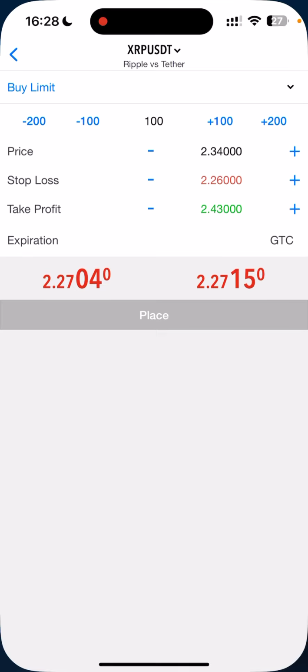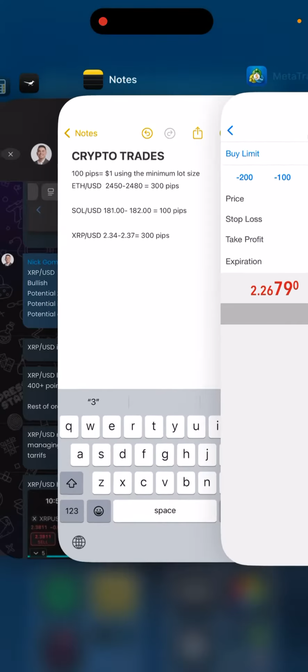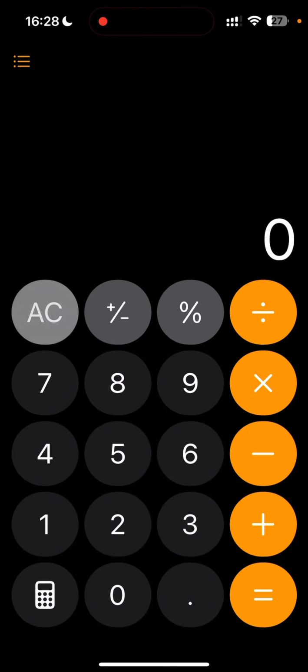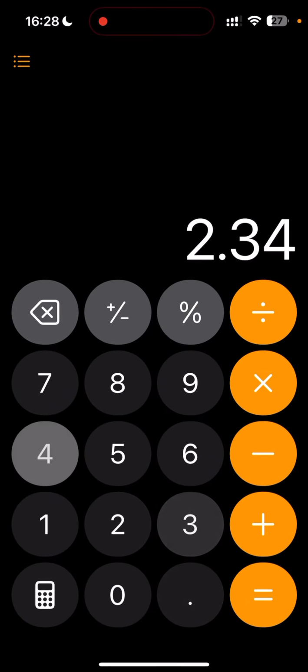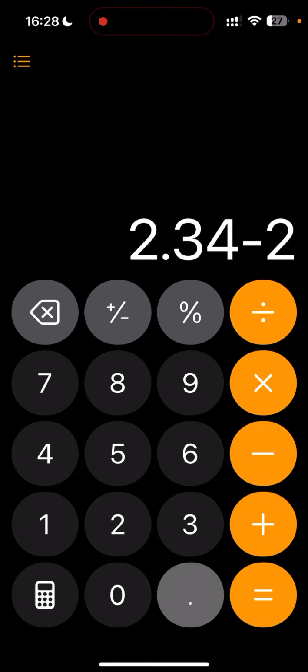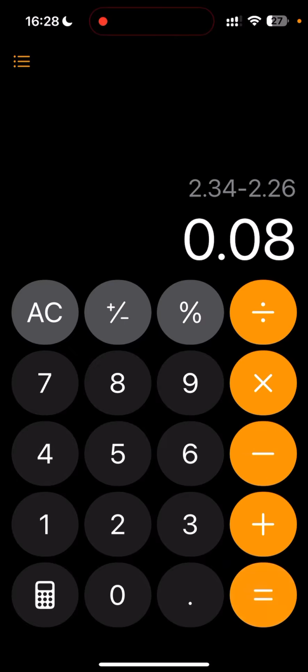For example, in this trade, our entry is 2.34 and the stop loss is 2.26. For that difference, you can easily go to your calculator. I think it's even easier: 2.34 minus 2.26 is 0.08, so that's basically 800 pips.